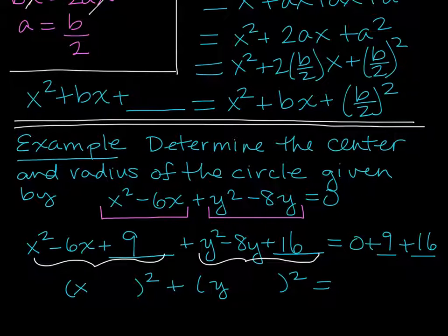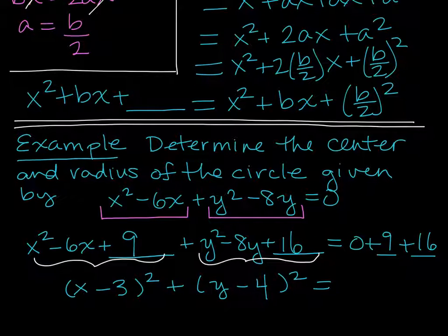So 1/2 of -6 is -3, and 1/2 of -8 is -4. And we can always check our work by just foiling this out and going backwards.